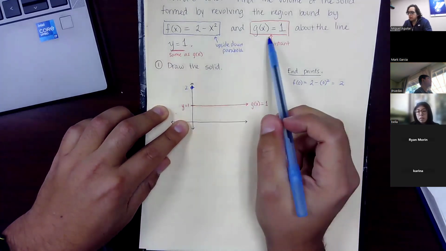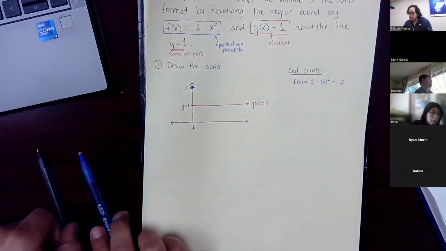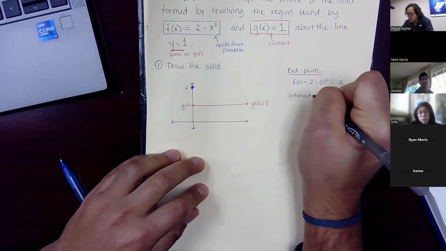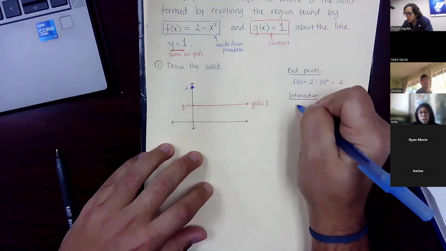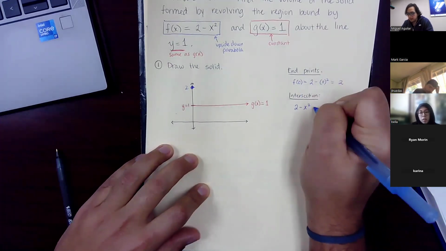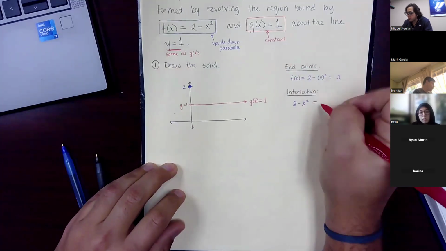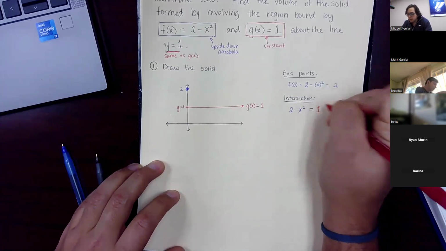And then we might want to find where these two functions intersect, right? The intersection of two functions you can always find by setting those two functions equal to each other. So that would be 2 minus x squared is equal to the other function, which is just 1. Okay, so this should be a fairly simple quadratic equation to solve.